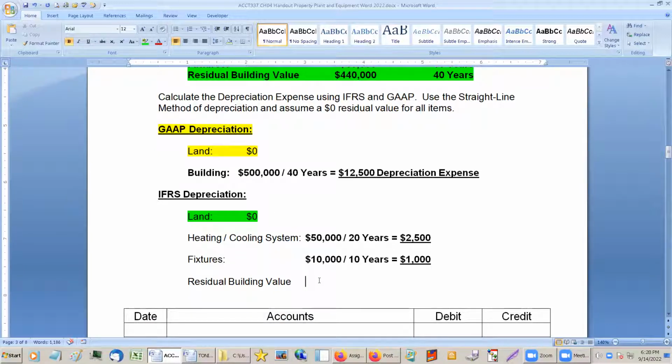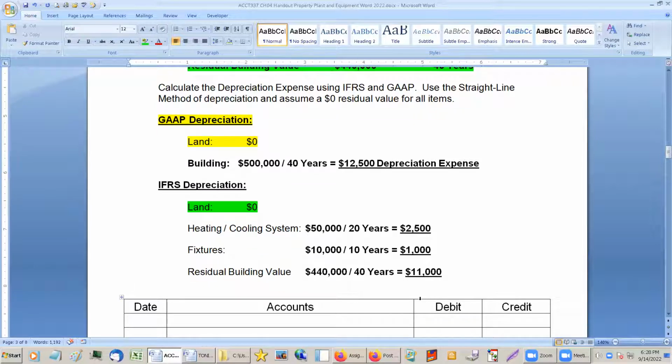And the building is going to be 440,000 divided by 40 years. 11,000.